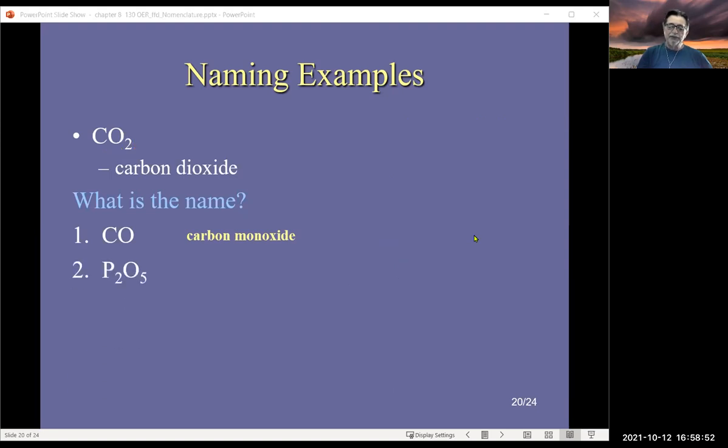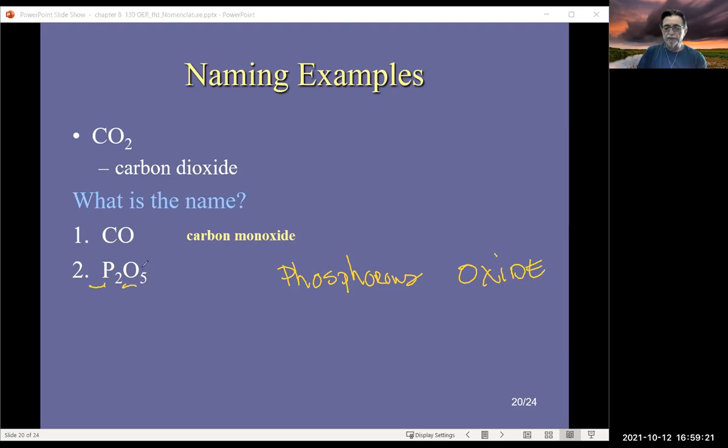Here we have P2O5. My suggestion is this: write the parent name first and then come back and add the prefixes. What we have is phosphorus oxide as the parent name.